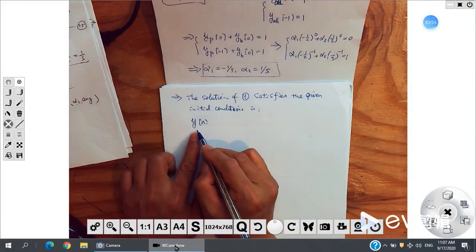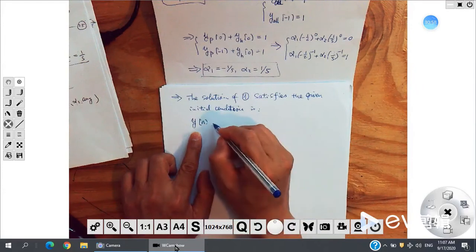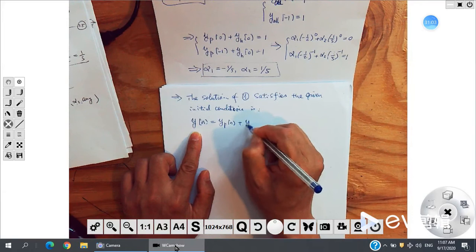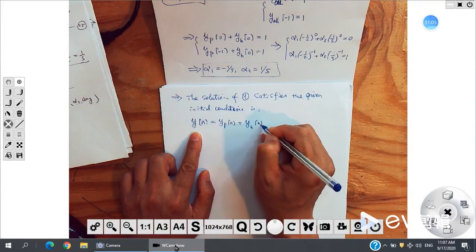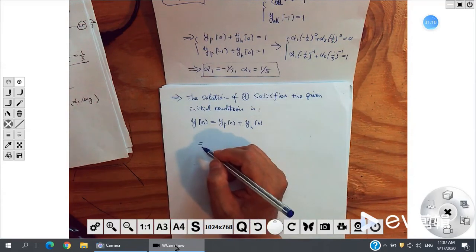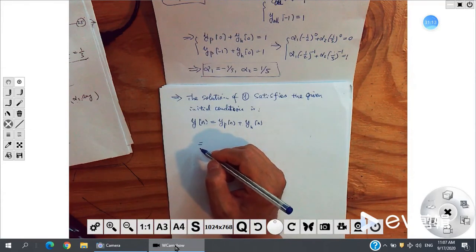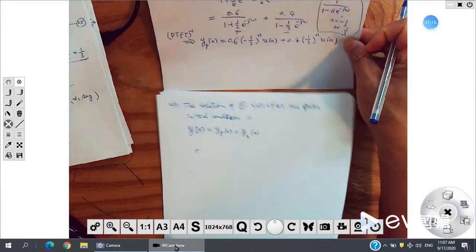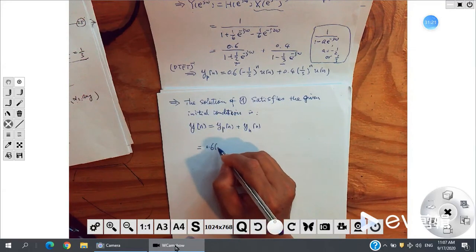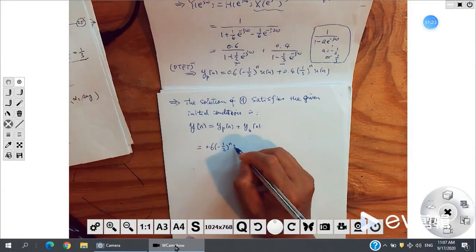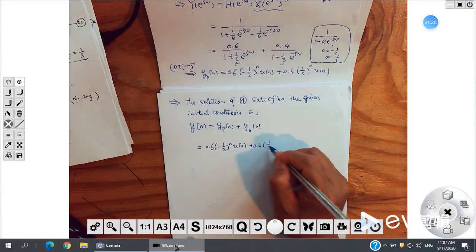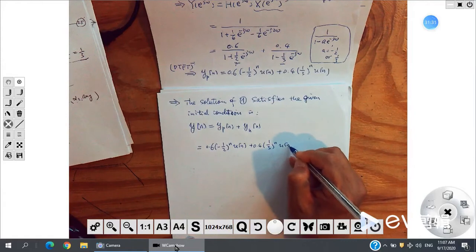This is not all solutions, this is just one solution, equal to the particular solution plus y_h of n, the homogeneous solution, but now the alpha is given. I copy y_h and y_p. y_p is 0.6 times negative 1/2 to the n, u of n, plus 0.4 times 1/3 to the n, u of n.